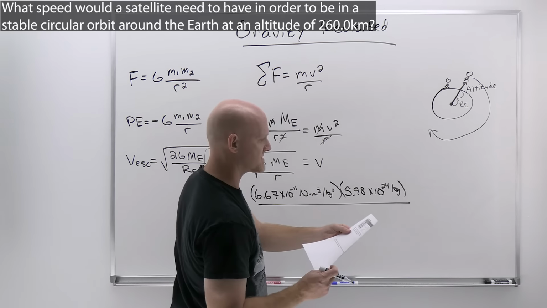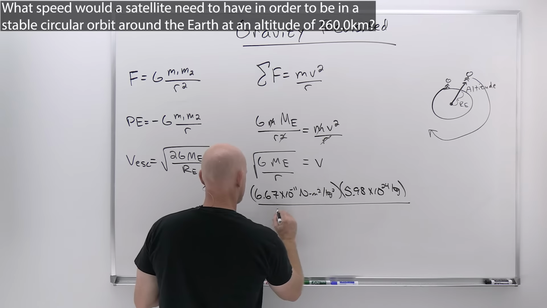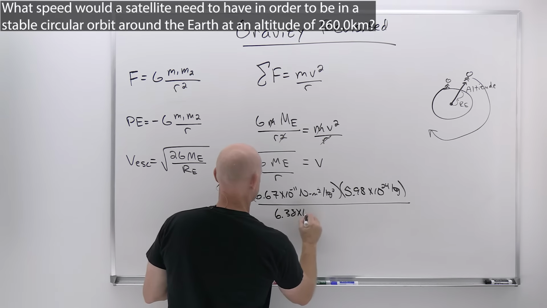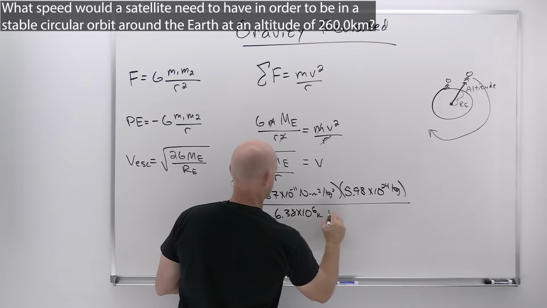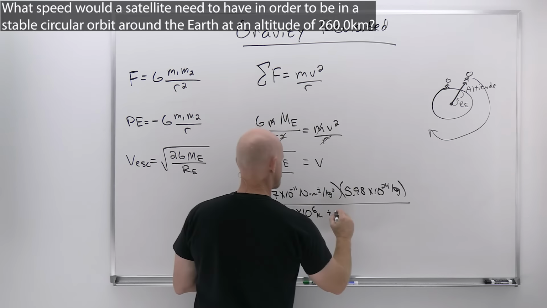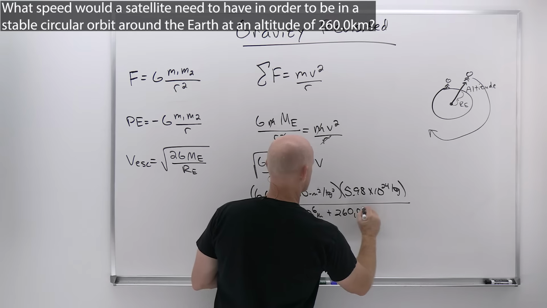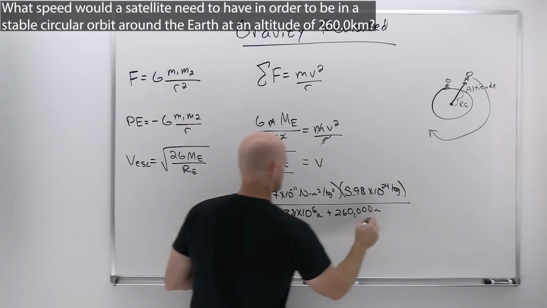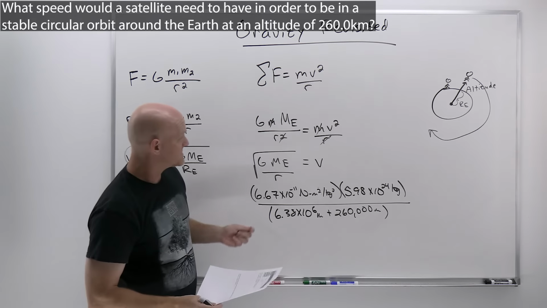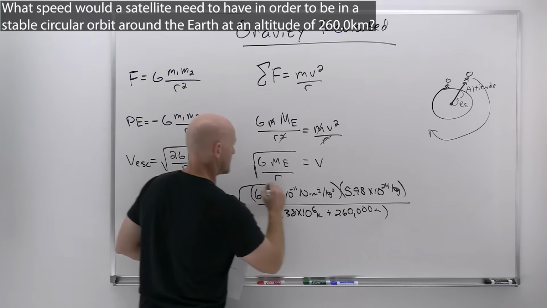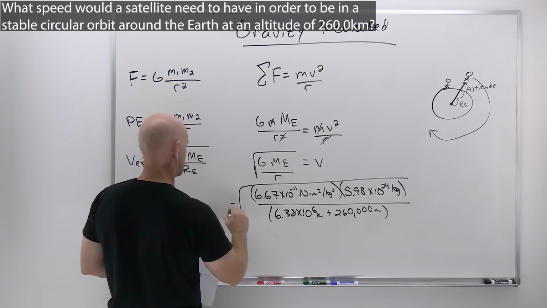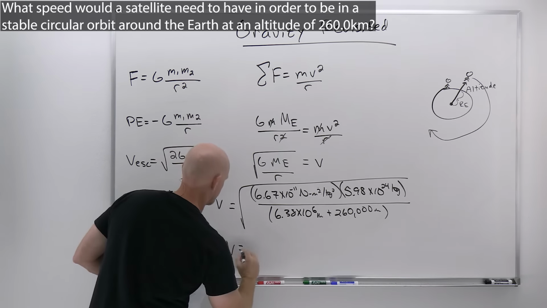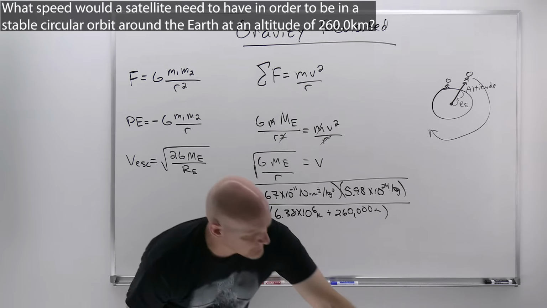That radius of the Earth was 6.38 times 10 to the 6th meters, plus 260 kilometers, which is 260,000 meters. Get everything in SI units. But we don't square it in this case; we will take a square root of the whole thing to get our velocity here. And let's see what this needs to be.